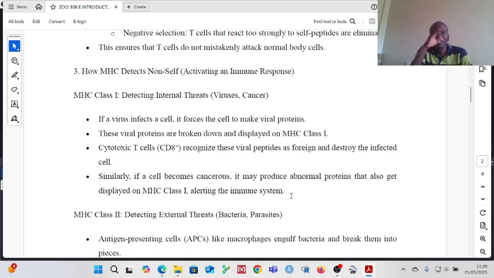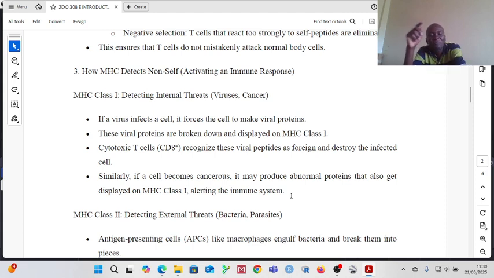Okay? Similarly, if a cell becomes cancerous, it will begin to produce abnormal proteins. Once the abnormal proteins are broken down into abnormal peptides, because what builds proteins up are peptides, the peptides created from breaking down these abnormal proteins will be displayed on the cell surface of that particular cell using MHC class 1.